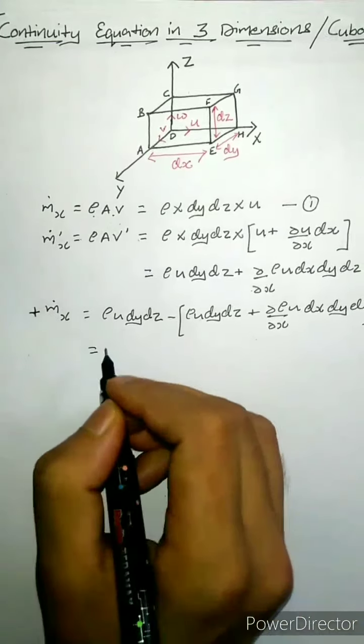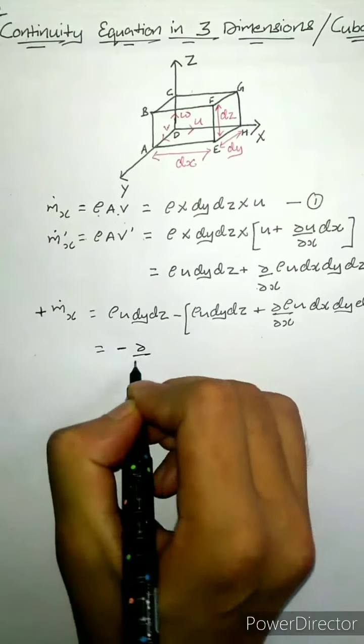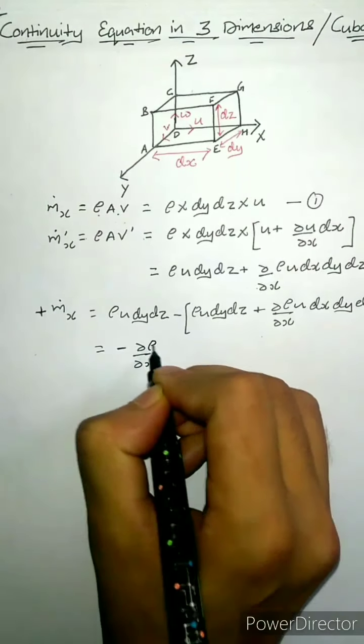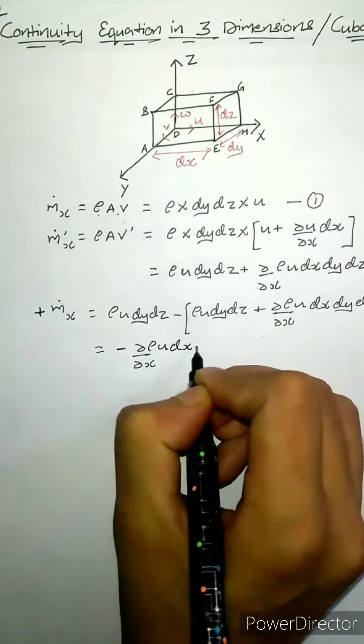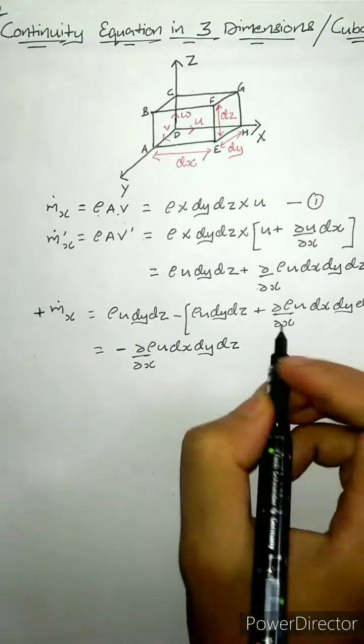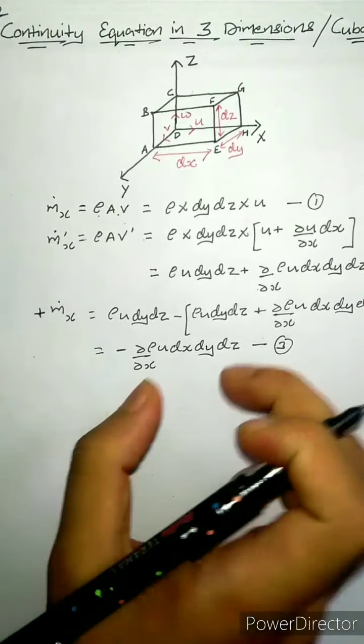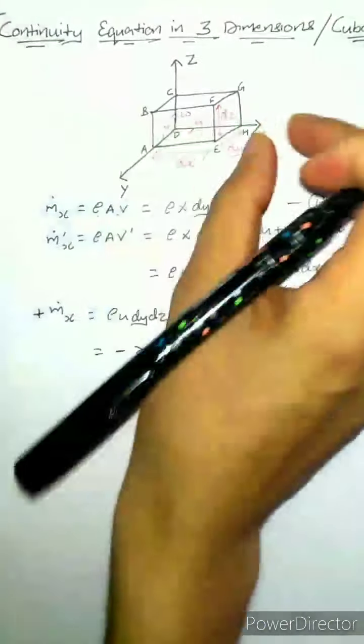Then the net increase in the x direction is minus del upon del x of rho u dx dy dz. This is the third equation. This is the increase of the mass which is flowing in the x direction.